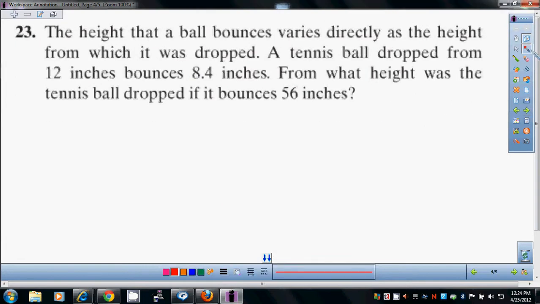The only thing is you make up your own variables a lot of the time. The height that a ball bounces varies. So what's a variable? Anytime you see the word varies, whatever's right before it is what goes by itself on the side. So what do we want to call it? B varies. So that's how you're going to start. Now, go. Very good. And that's everything. Now all you have to do is plug in and solve for k. What do I plug in?